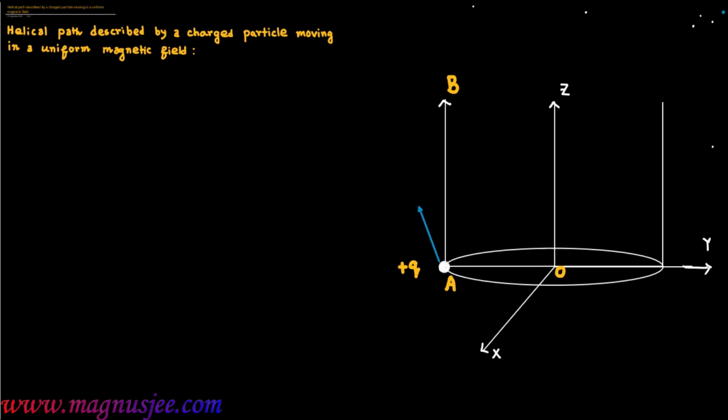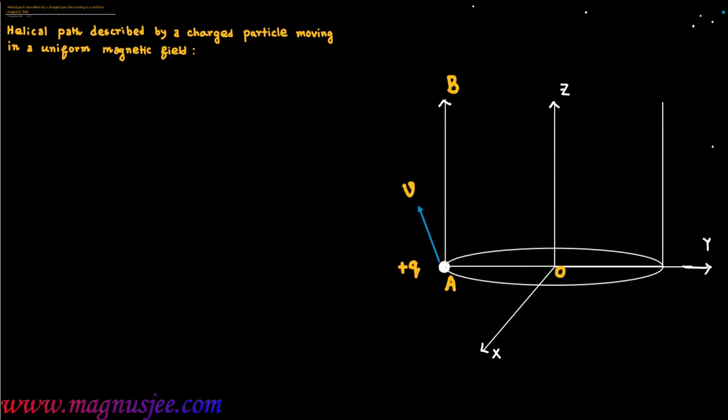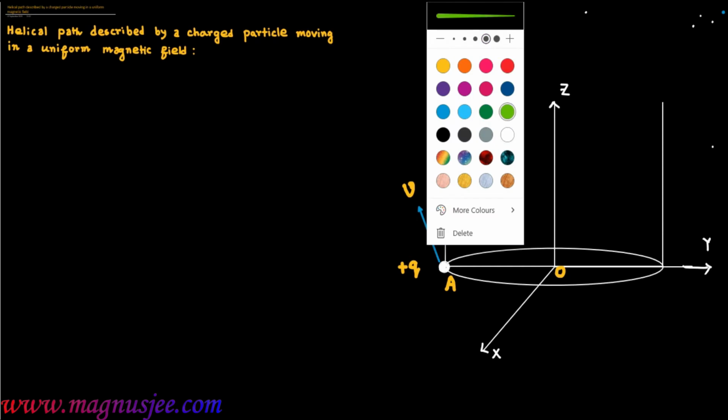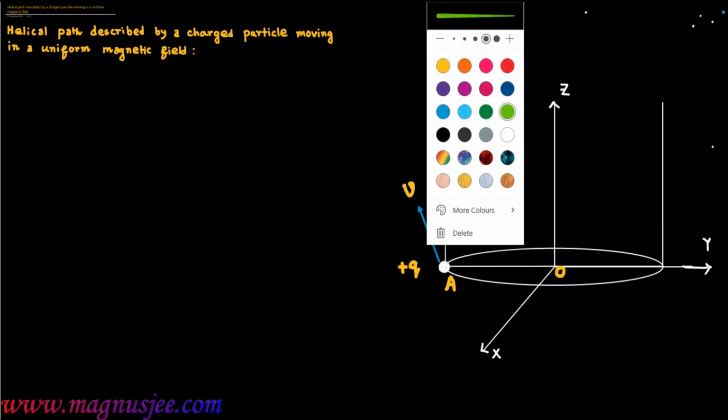moves with a velocity v at an angle theta, not in the xy plane. Plus Q charge moves at an angle theta, that means obliquely, with the direction of the magnetic field, which acts along the Z axis.